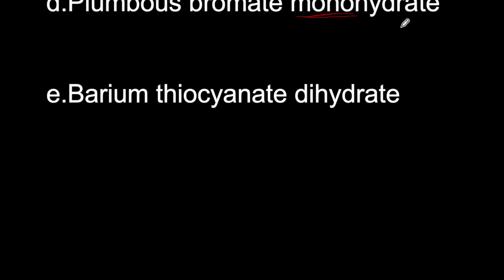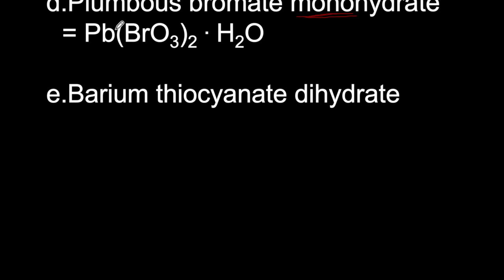So the formula for this compound is plumbous, which is lead with a +2 charge. Bromate. Bromate has a -1 charge. There's a reason why you have this in parentheses, subscript 2 to balance out the charge. And then mono, because there's 1 water molecule here, but you do not write ones down. And then hydrate, water. And then for the last one, barium, which has a +2 charge to it.